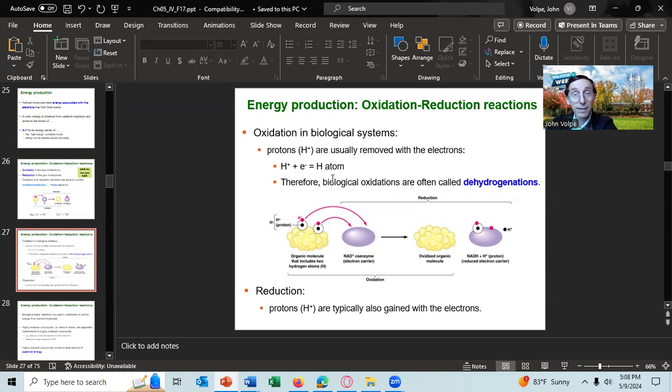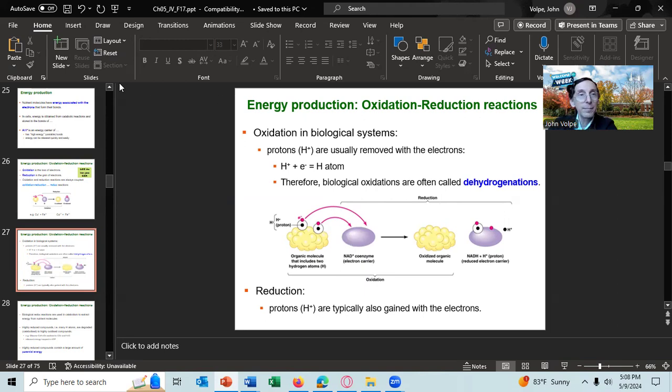Therefore, biological oxidations are often called dehydrogenations, because the molecule losing the electron usually loses the hydrogen as well, and the hydrogen just follows the electron.